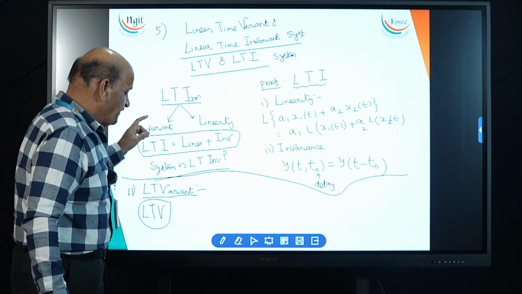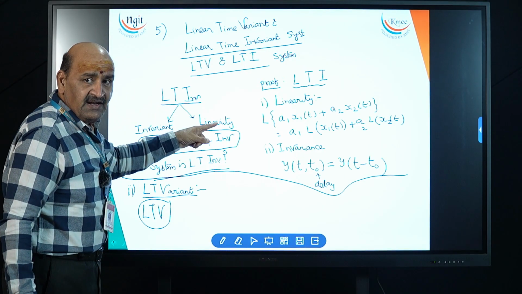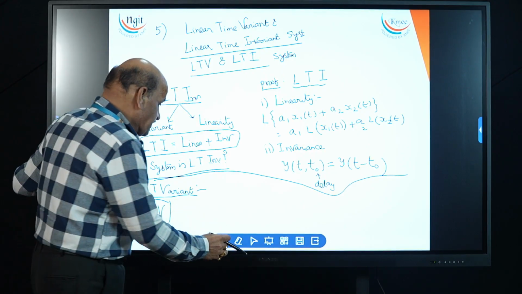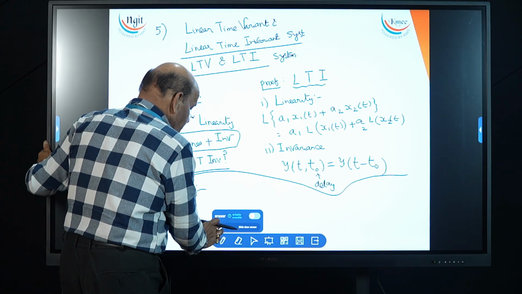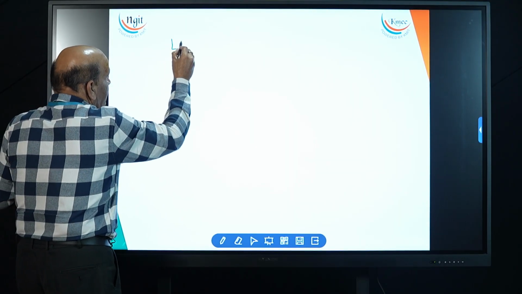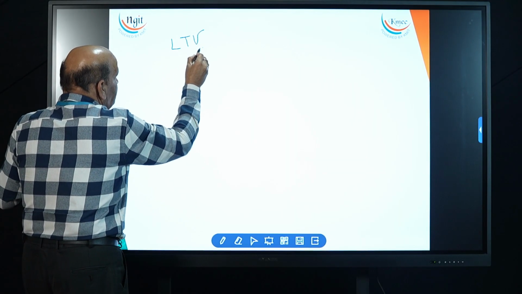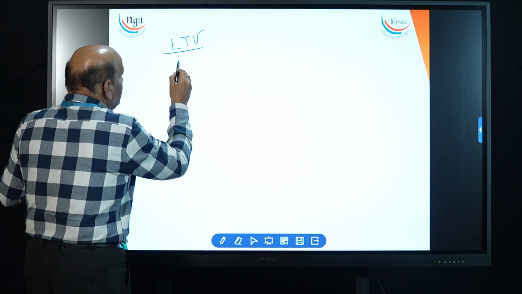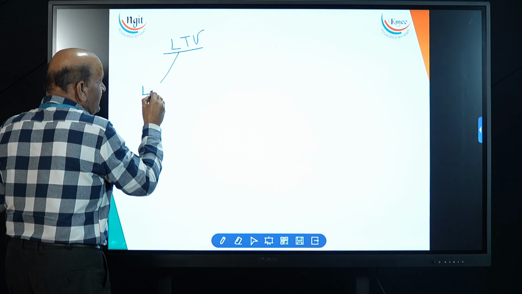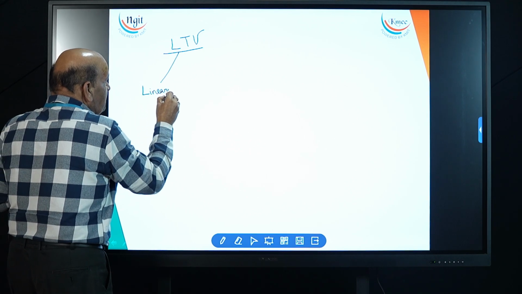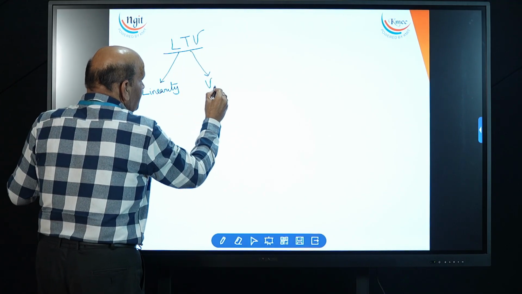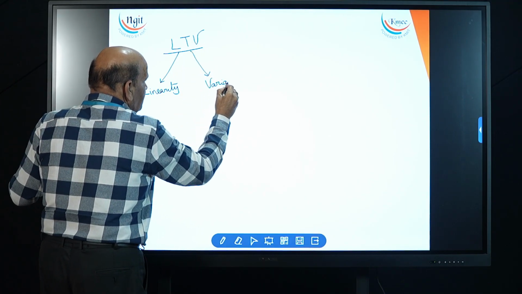Now just what we discussed, linear time invariant system. Now we are going to discuss linear time variant system. It contains two parts, just as we discussed previously: the linearity principle, and the second one is called the variance principle.